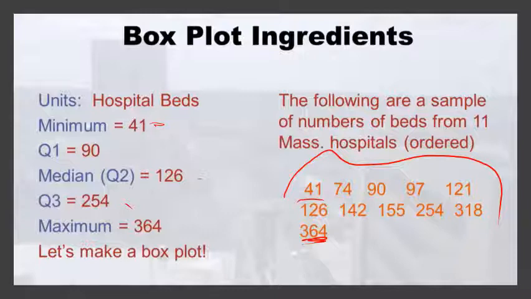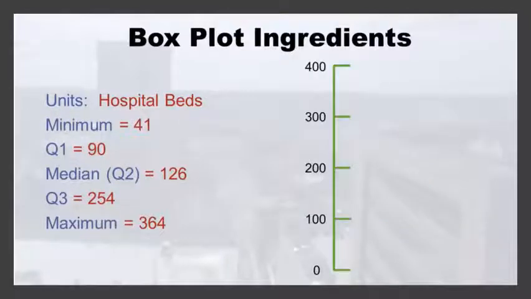Now let's make a plot. The first step to making this plot is to draw a line. Then look at the type of data that you have and the numbers, and we'll figure out what scale we want to draw this at.